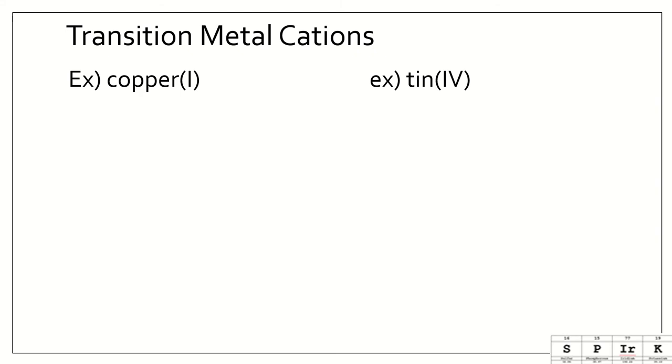So let's look at copper I. So again, remember that copper I implies that it is 1 plus. So all we need to do here is the symbol for copper, plus. Tin, IV, means 4. So here we have the symbol for tin, 4 plus.